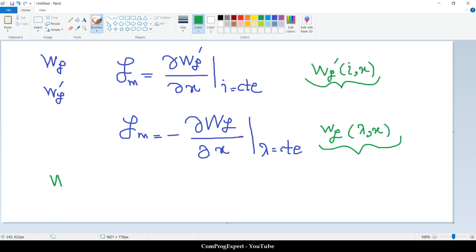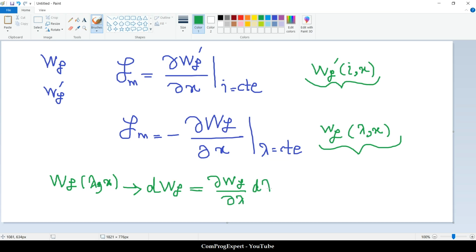So you can consider this change in the value of the field energy and co-energy. From calculus, you know that when we have this two-variable function of lambda and x, the total derivative dWf, the change in the value of Wf, is equal to the partial derivative of Wf with respect to lambda, dλ, plus the partial derivative of Wf with respect to x, dx.